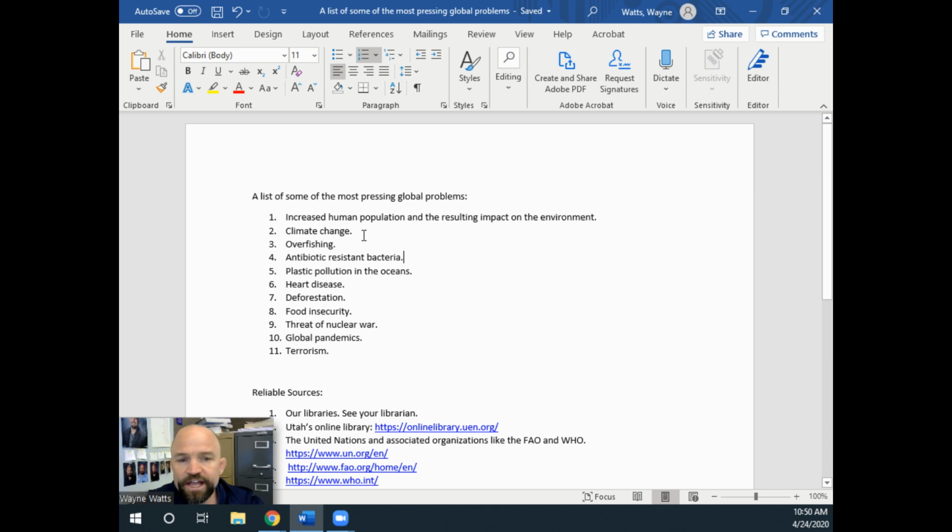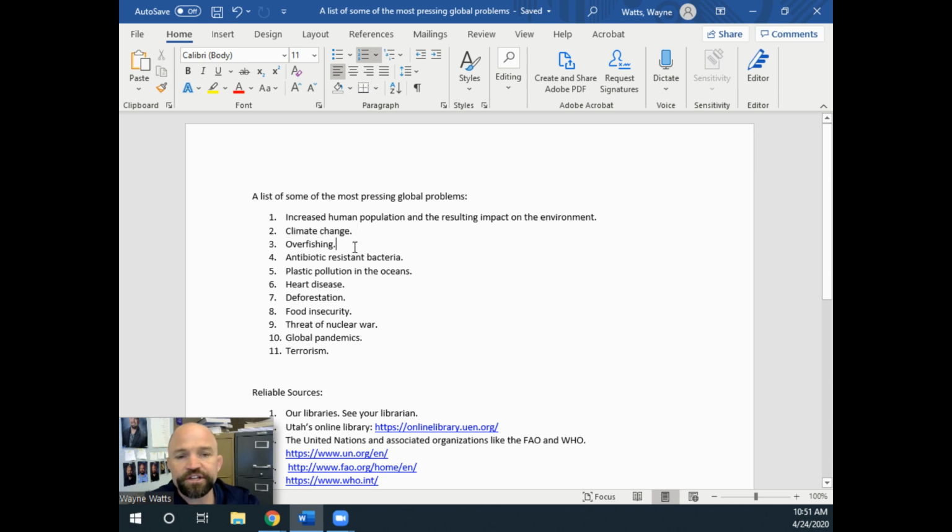For example, one of the key ways we have had this negative impact is by burning a whole lot more fossil fuels. And that has ended up releasing a lot more CO2 into the atmosphere. And CO2 is a greenhouse gas, which has led to a huge world issue, climate change.